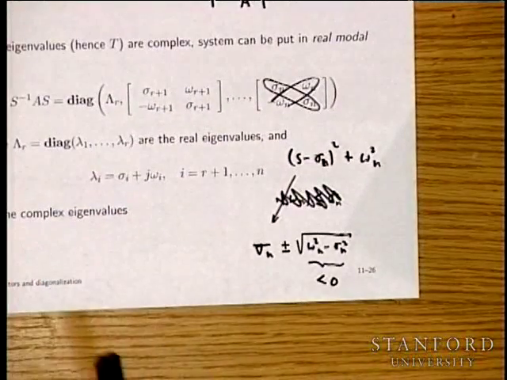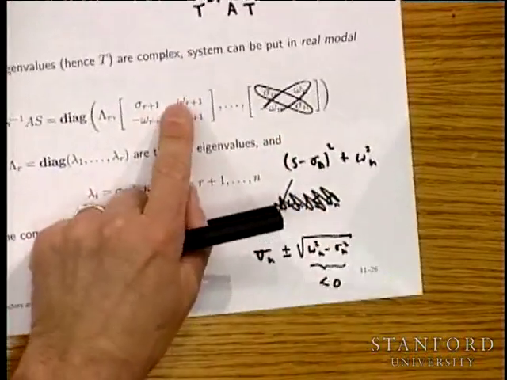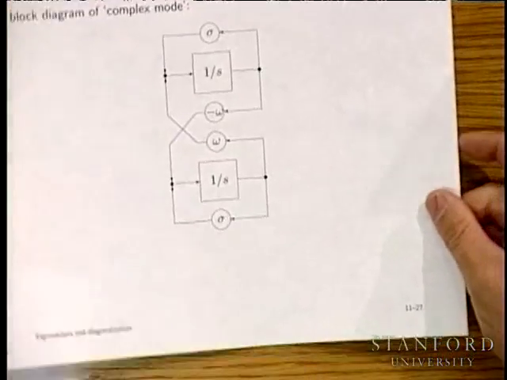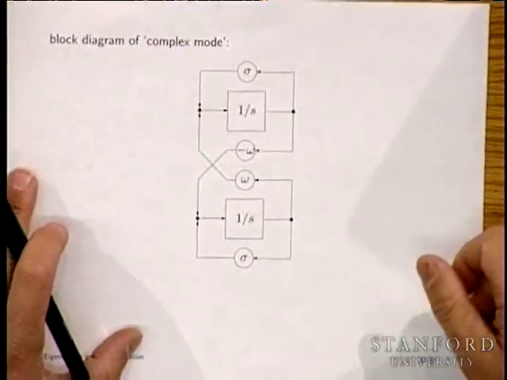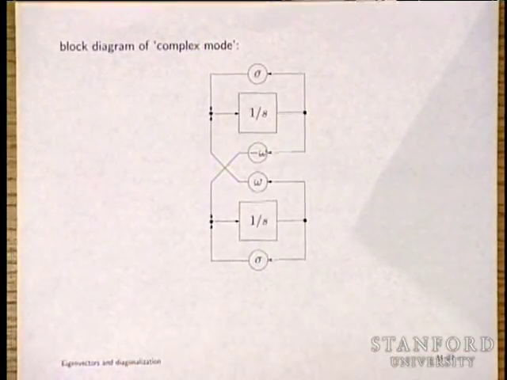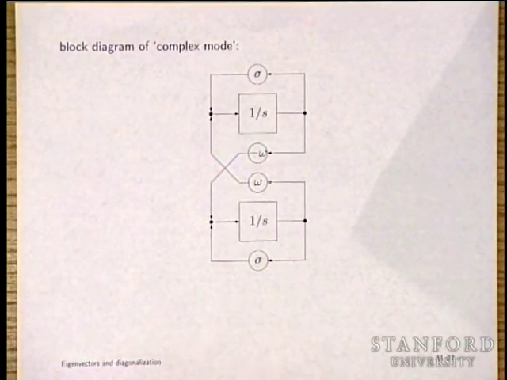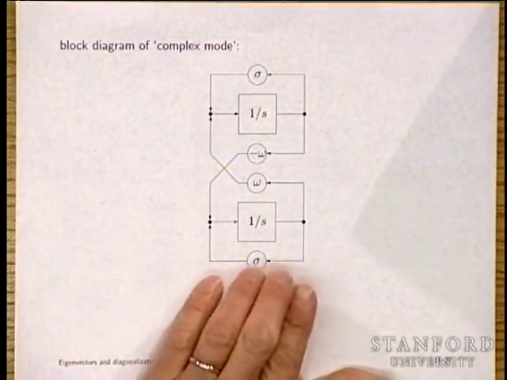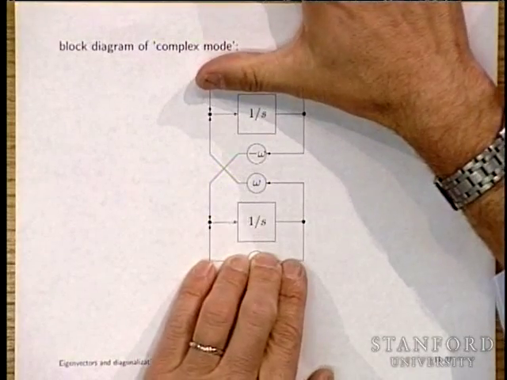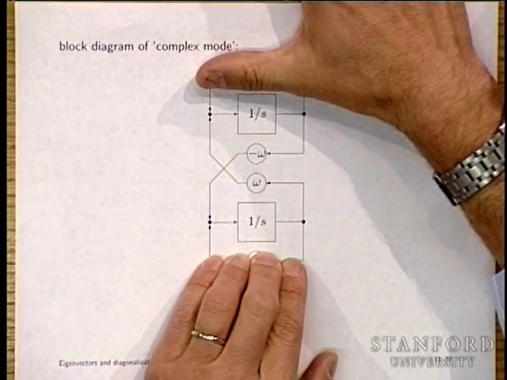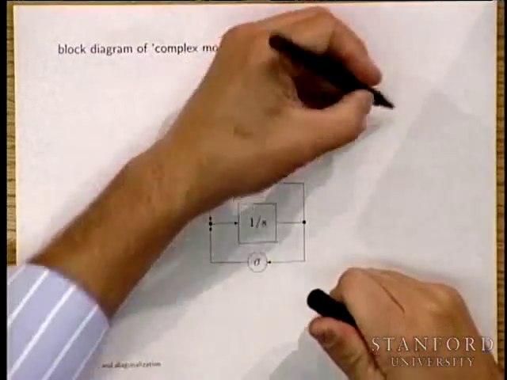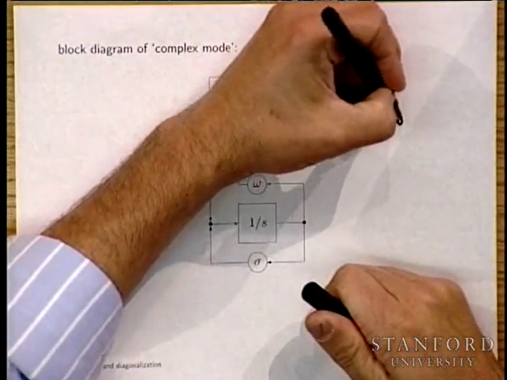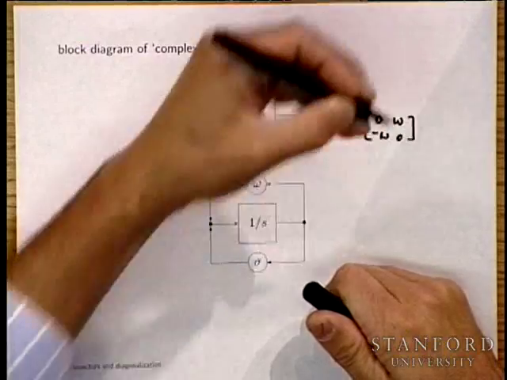Okay. Now, one of these 2 by 2 blocks, which is a complex mode, they look like this, and they're really quite pretty. It's a pair of integrators cross-coupled. And by the way, if sigma is 0, you get the pure oscillation. This is something we've seen before. In fact, that matrix is 0, omega, minus omega, 0. That's when sigma is 0.